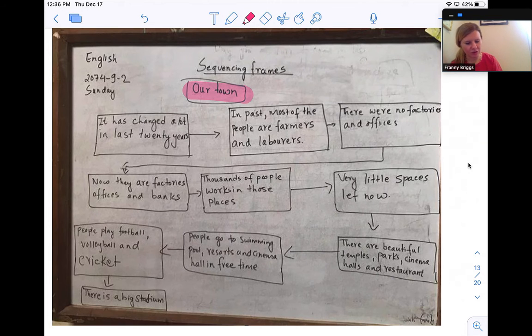So it says it's changed a lot in the last 20 years. Most people were farmers. There were no factories. Now there are factories. People work in these places. This is not really a sequence as much as it is a description.